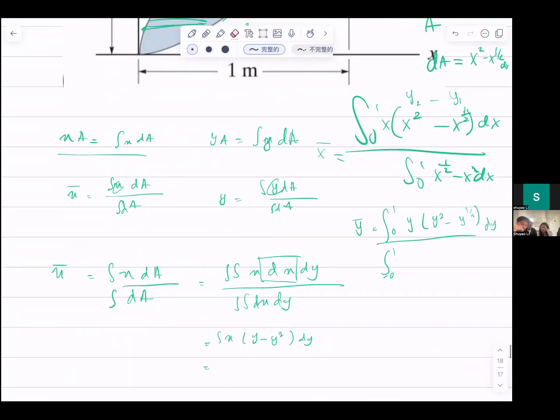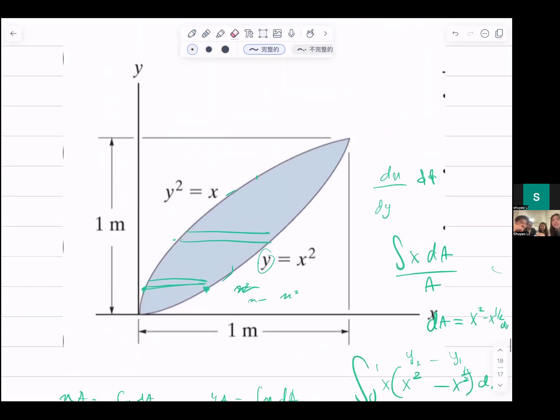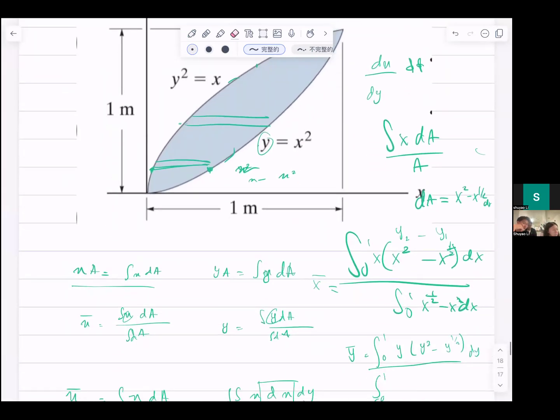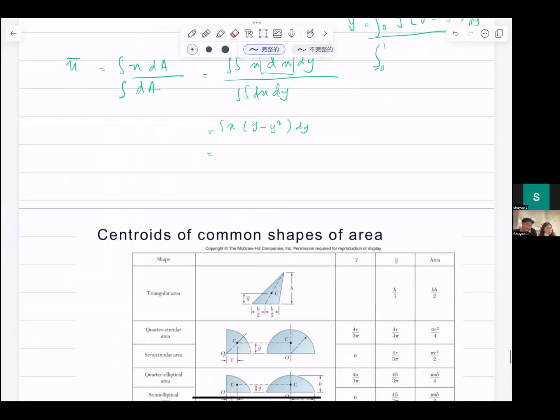Oh, that's what you said. You were trying to use double integration. There's another method where we use double integration, but we're showing that that's too complicated. So we're doing single integration. If we used double integration, it would be like integrating x dx dy, something like that.